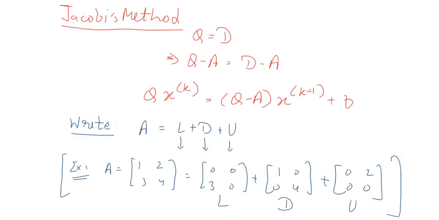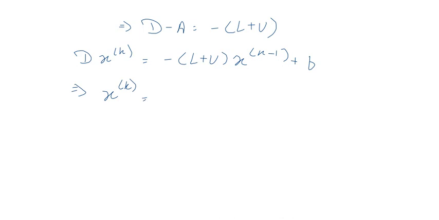If you write it, the above scheme becomes D x_k equals (D minus A), that is minus (L plus U), x_{k-1} plus B. Now you take the inverse on both sides. D inverse does not involve much computation, so it is direct. So x_k equals minus D inverse (L plus U) x_{k-1} plus D inverse B.